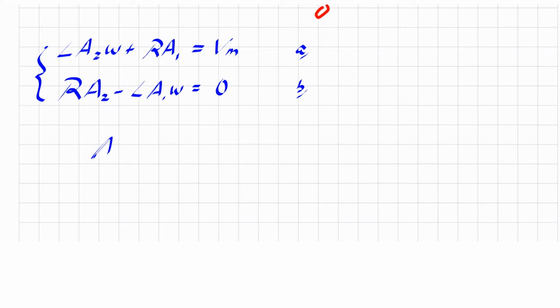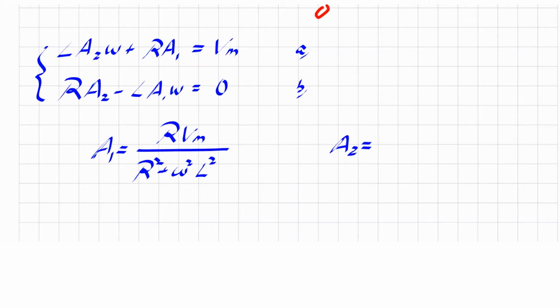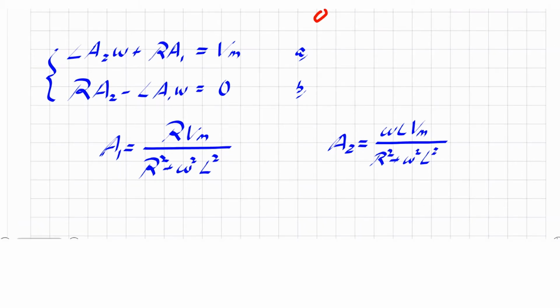We have A1 equal to R times Vm divided by R squared plus omega squared times L squared, where A2 is equal to omega L Vm divided by R squared plus omega squared times L squared. Okay.